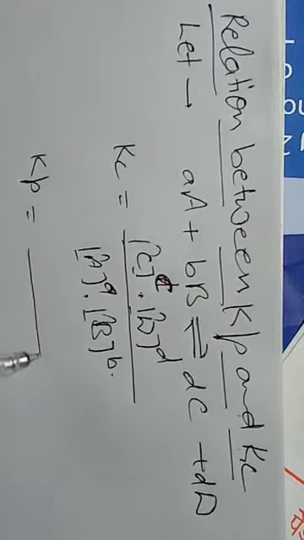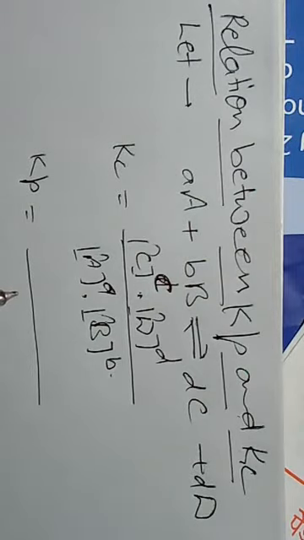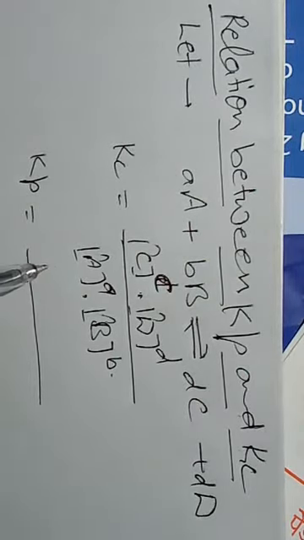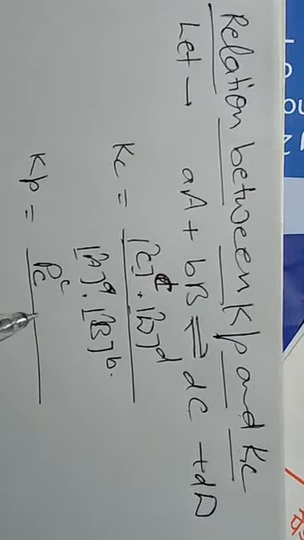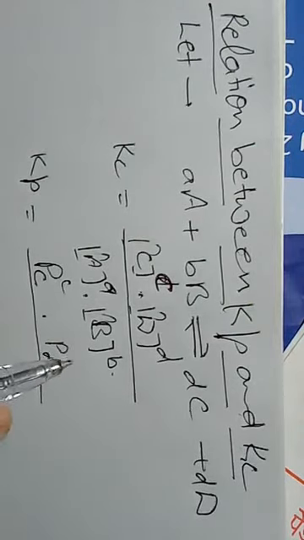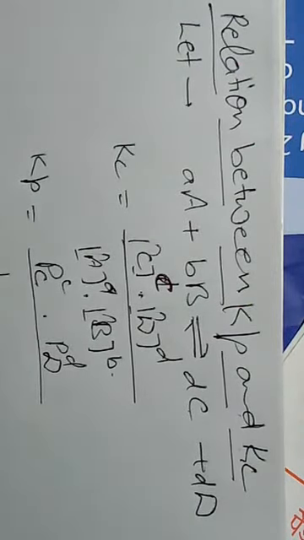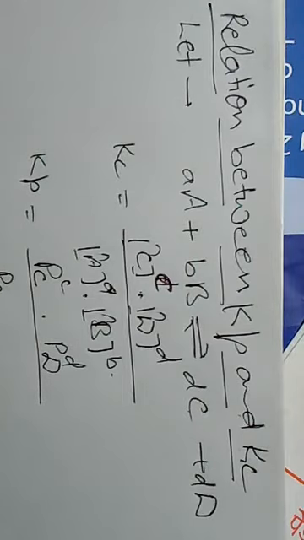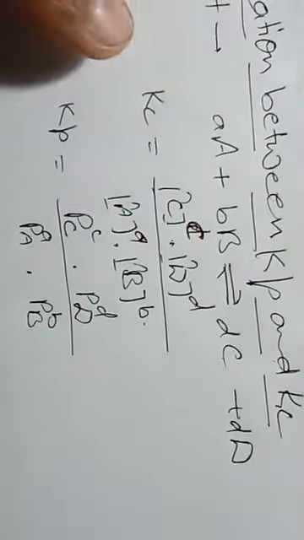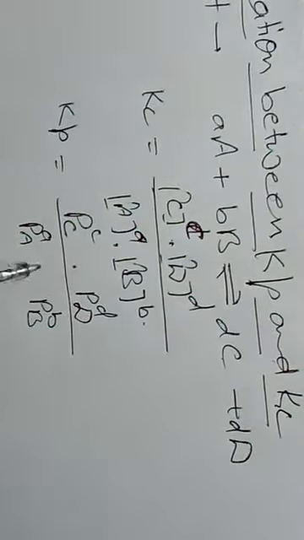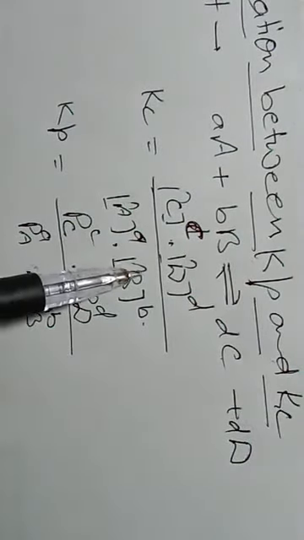Now for Kp, we will write in terms of partial pressure. Let the partial pressure of C be Pc, of D be Pd, of A be Pa, and of B be Pb. So these are the relations for the given reaction in terms of partial pressure and in terms of molar concentration.